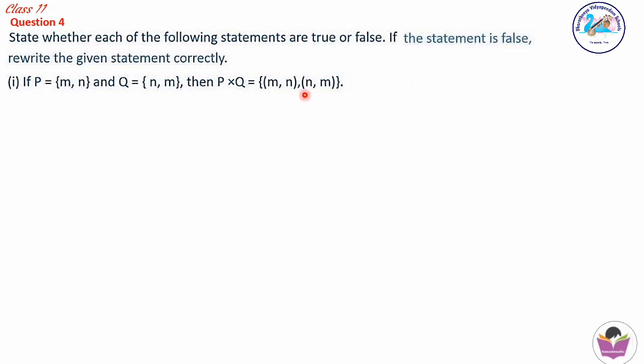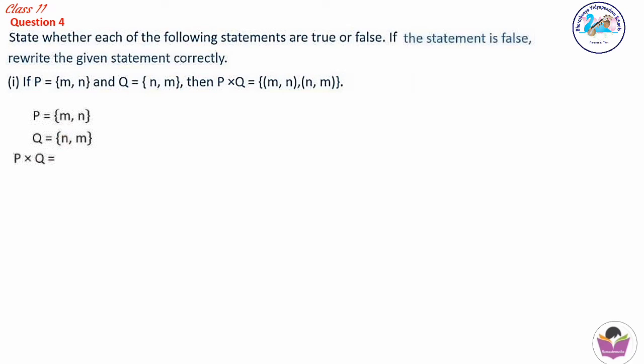Here, first of all, by looking at it, it is quite clear this is a wrong statement, because P has only 2 elements and Q has 2 elements, which means total P cross Q should have 4 elements. And here it is having only 2 elements. The statement is false, but we have to show it. So P is equal to set of M, N, Q is equal to set of N, M. Then P cross Q, let's write. P is first set, Q is second set.